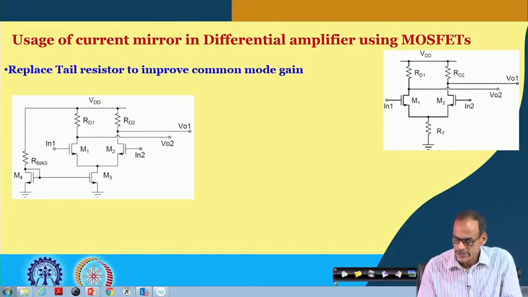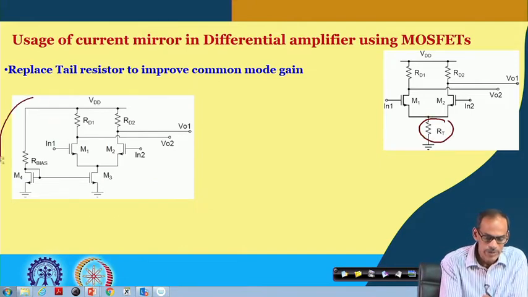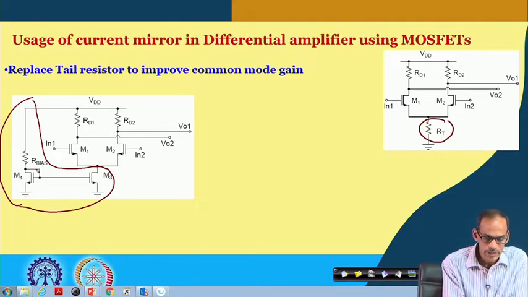So, in this circuit, what we mentioned here is essentially this RT we are replacing by a current mirror, and this current mirror, its current is set by the DC supply voltage and then R bias and whatever dimension we do have.